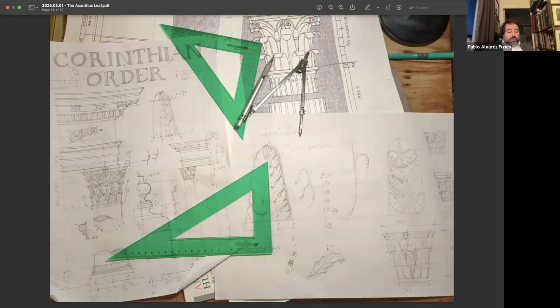I think the good thing about Summerson is that it's very short. So it's an introduction. It's a book to read. Well, the American Vignola is a book that you normally have on your desk, or I have on my desk. Whenever I need to remember something, I just jump onto it and check it.